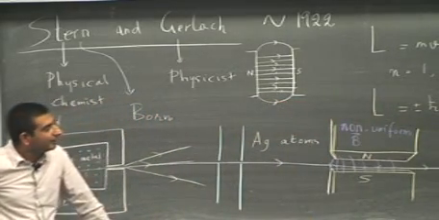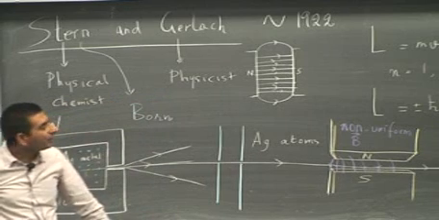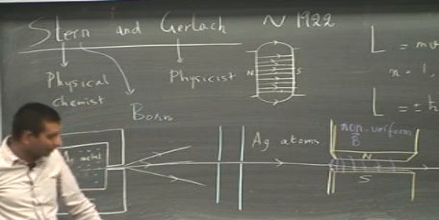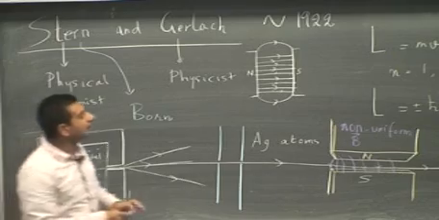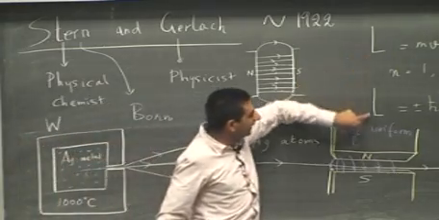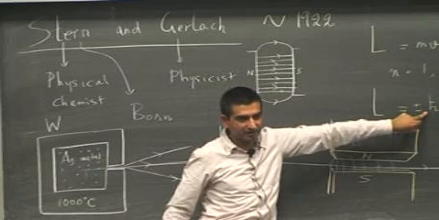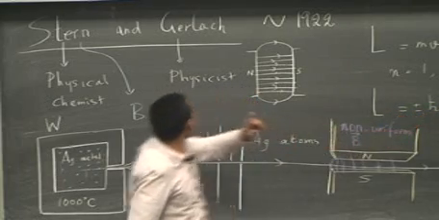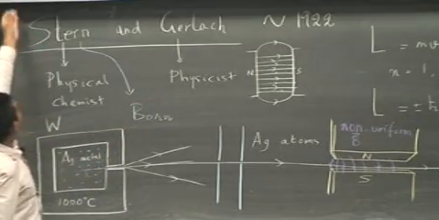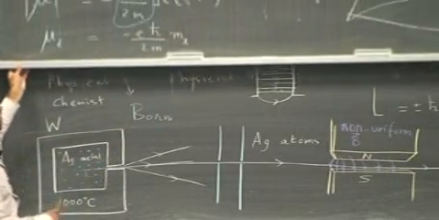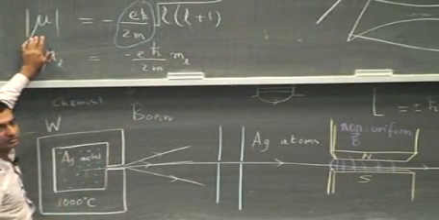Alright. Now, what were Stern and Gerlach trying to show? They were trying to show that this angular momentum L is quantized according to Bohr's condition plus minus h bar, and therefore the magnetic moment mu must also be quantized.